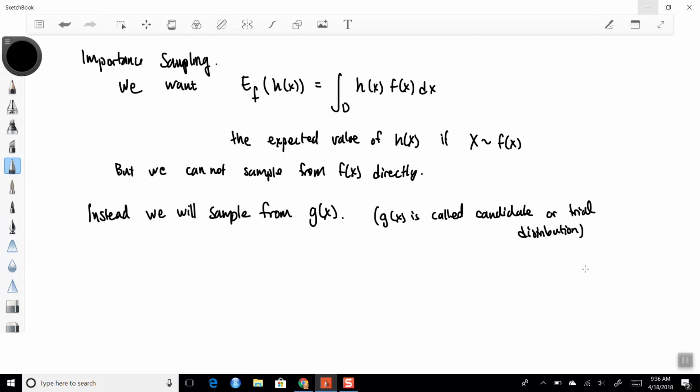The only requirement is that g of x has the same support as f of x, or I should say the support of g of x contains the support of f of x. So the support of g of x can be bigger than the support of f of x, but it can't be smaller.